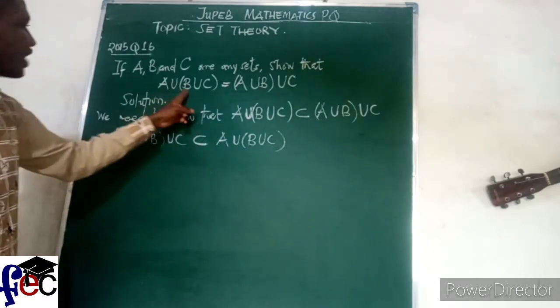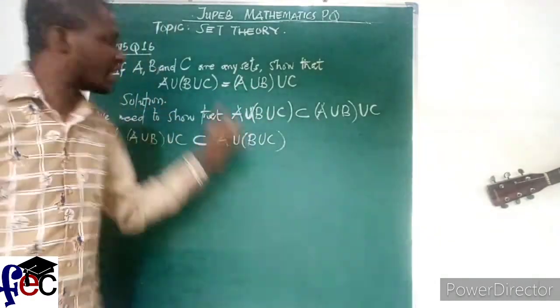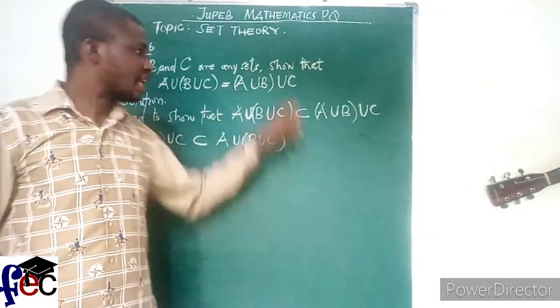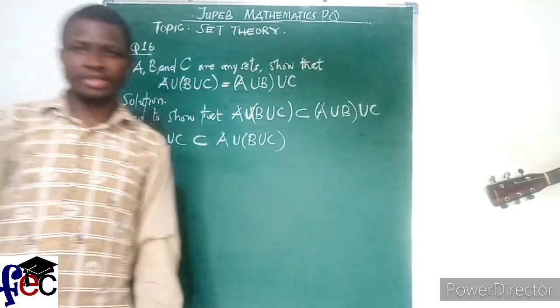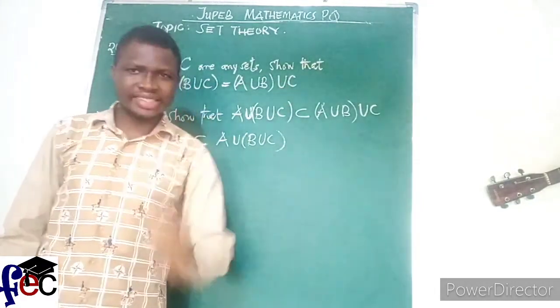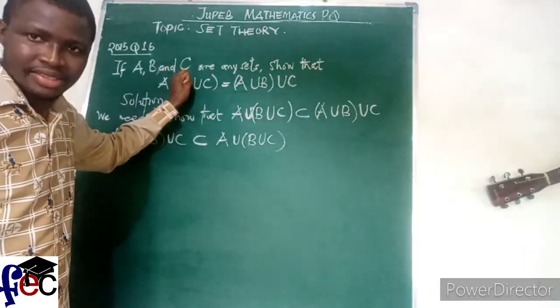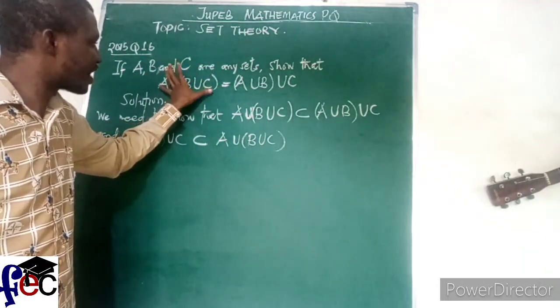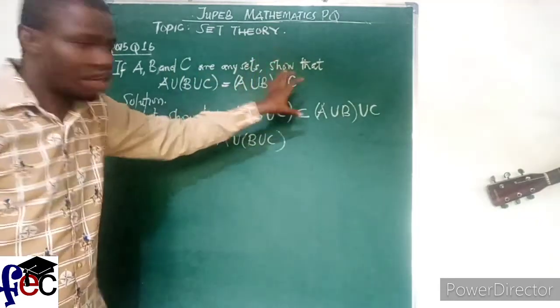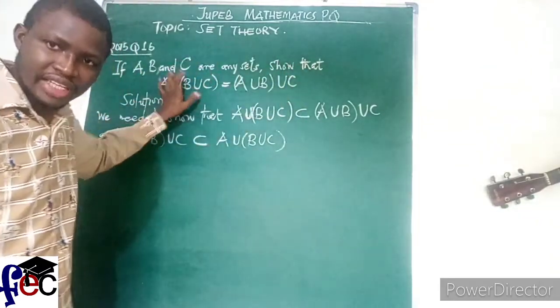So to be able to prove that this is equal to this, we just need to show that this is a subset of this and this is a subset of this. What that simply means is that all the elements you can find inside this set will be found here, and all the elements you can find here, you will find them here.